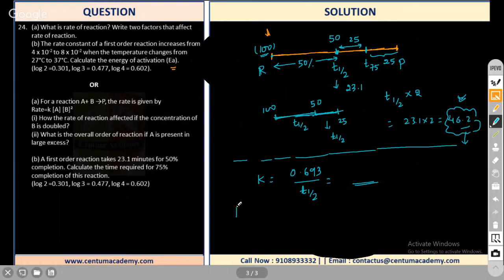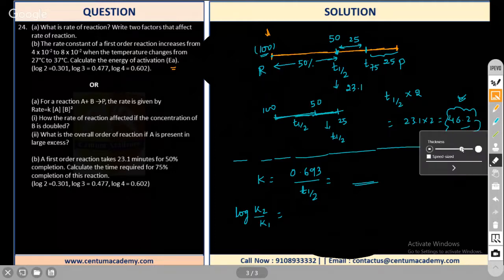Right? And we know the relation of first order, log of K2 by K1 is equal to, oh sorry, now we'll use the expression for first order, and we'll take this value, put it over there, and we'll get the answer.